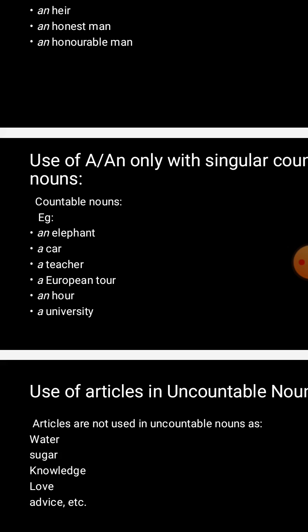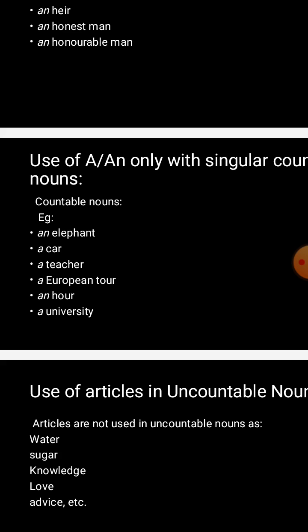A university. Again, though it begins with U, which is a vowel, A-E-I-O-U, the sound that you hear is not a vowel sound.